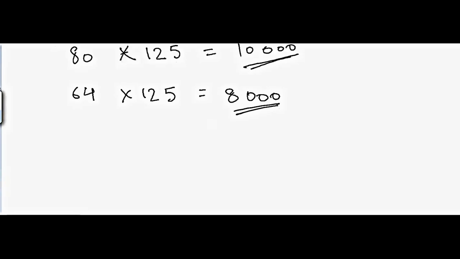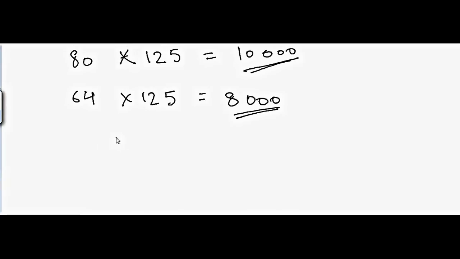And let's take another example, 128 by 125. In this case, we know that 128 divided by 8 is 16, and then we put 000 in the end, so that is our answer.